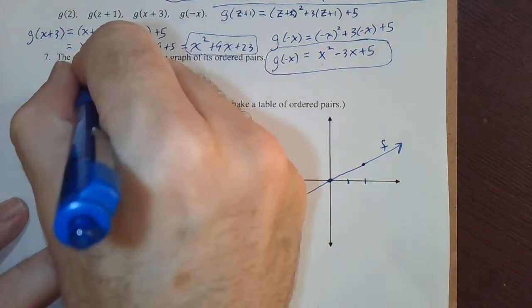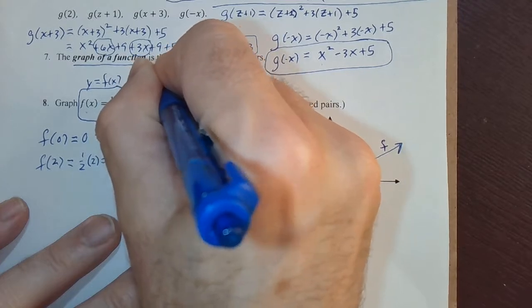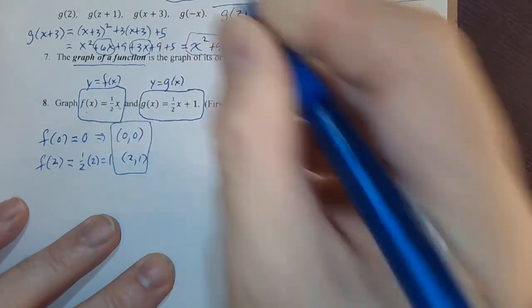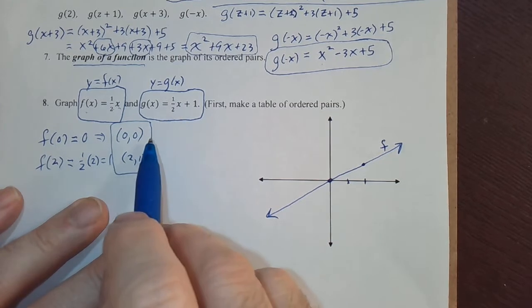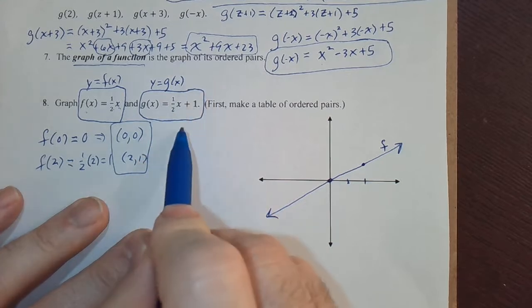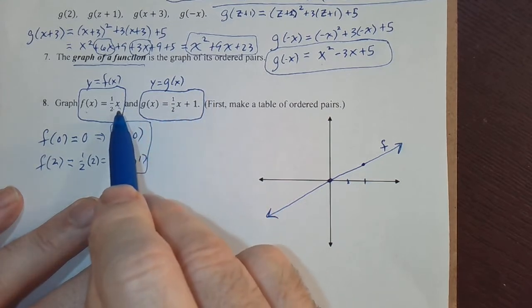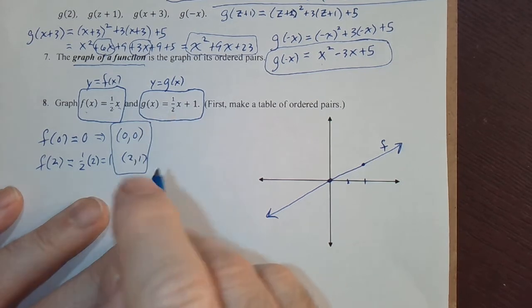Because we say y equals f of x, y equals g of x in this case. So I can almost do this without really plugging them in. This just tells me, and we'll learn more about this later, it's going to be exactly the same value of f with 1 added to it for the y value.